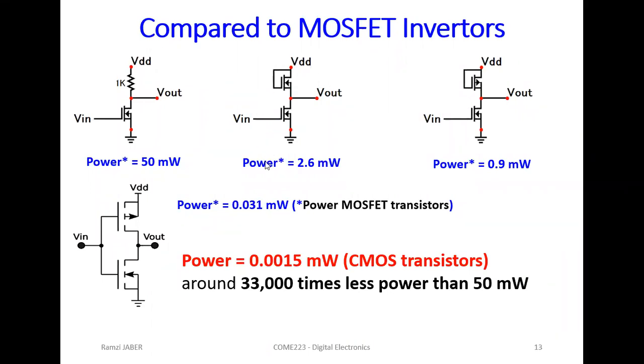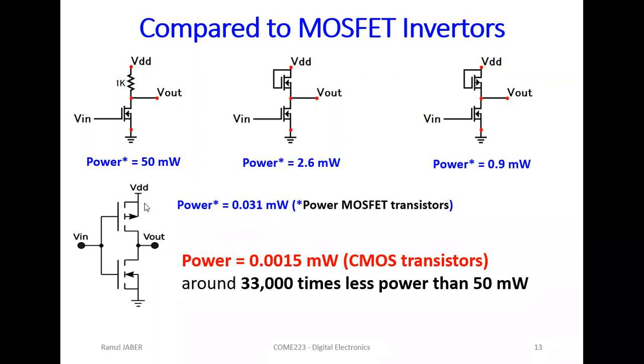The power will reduce to 2.6 milliwatt. And in inverter number 3, we replace the diode connected transistor and NMOSFET transistor with a diode connected PMOSFET transistor. Also, the power is reduced to 0.9 milliwatt.